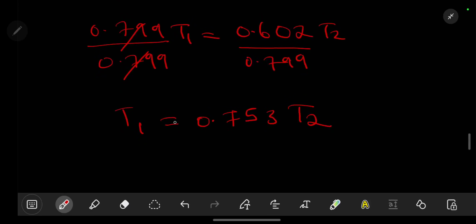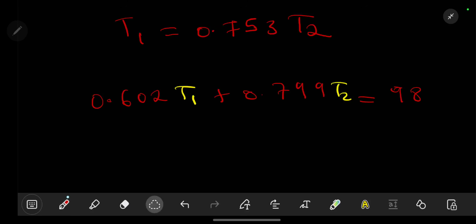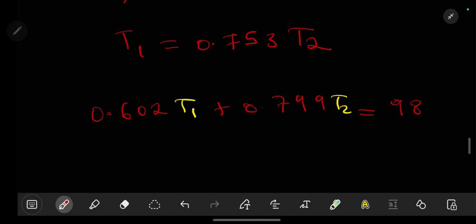So what we are going to do is replace where there is T1, we are going to put this value. Let's lift that equation. So T1 is equal to this. So that means to say where you see T1, put this value. So we are going to have 0.602 times our T1, which is this value 0.753 T2.